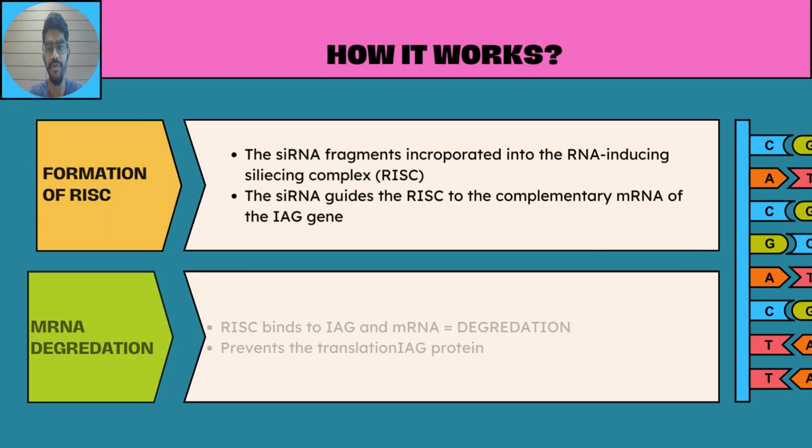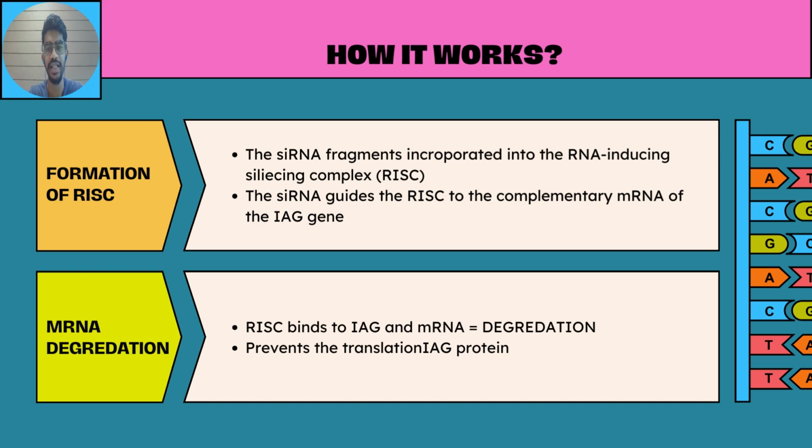The fifth step is the formation of RISC. The siRNA fragments incorporate into the RNA-induced silencing complex, or RISC. The siRNA guides the RISC to the complementary mRNA of the IAG gene.